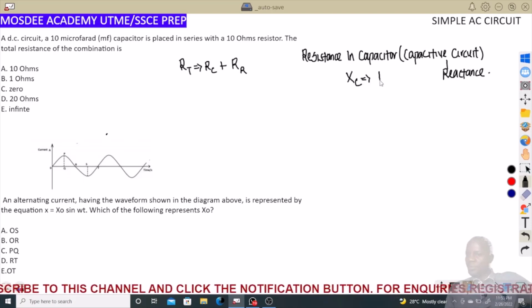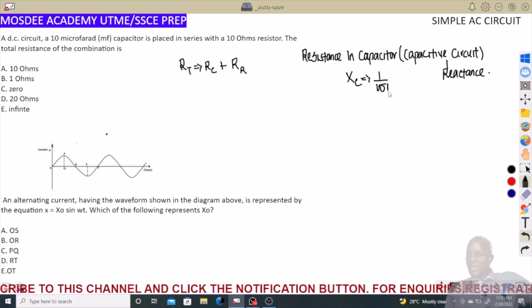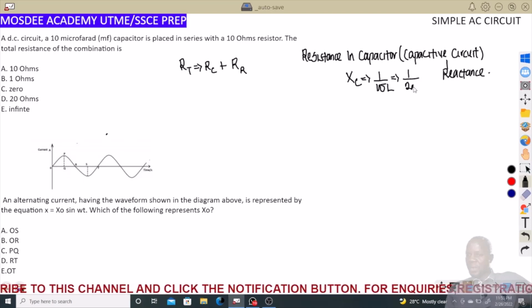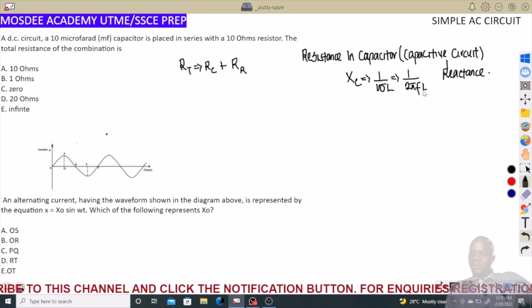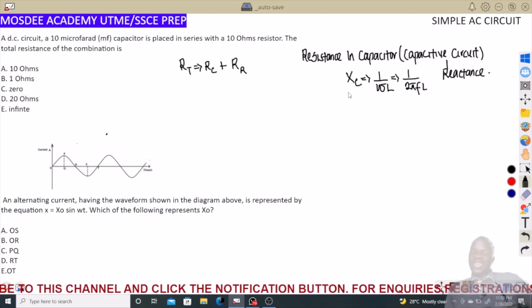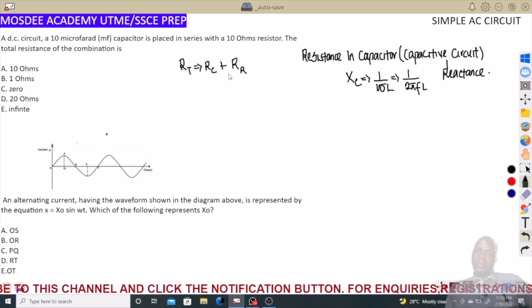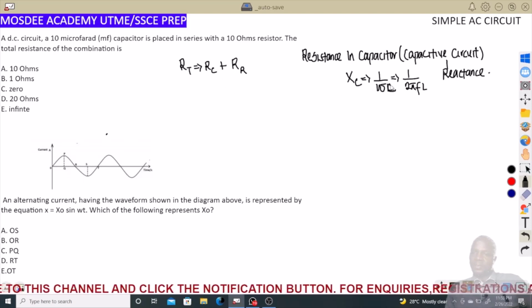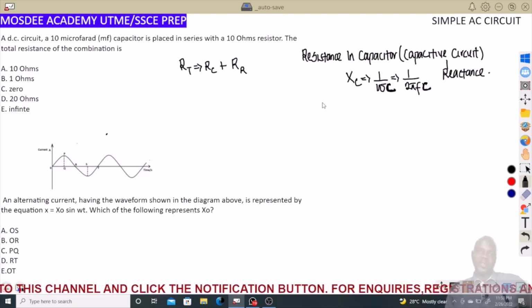It is equal to 1 over omega C, where omega is 2 pi f. We talked about L yesterday as inductive reactance, measured in ohms. The same thing applies, but instead of omega L, this is omega C, because we are talking about a capacitor. Please excuse me about that.